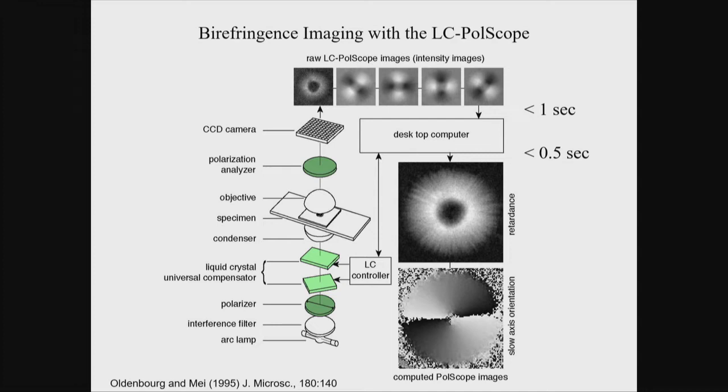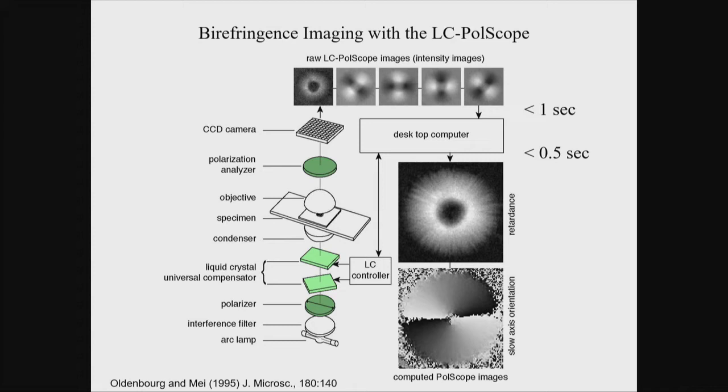That is when the birefringence generates in your material a direction that has a high refractive index and a direction perpendicular to it that has a lower refractive index. The difference between the two refractive indices is called the birefringence.